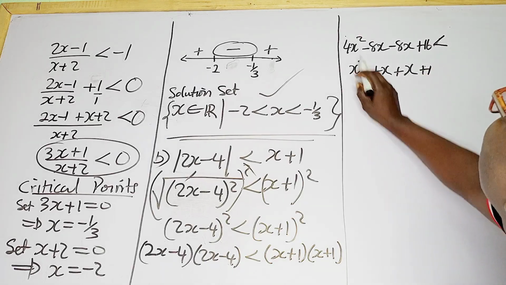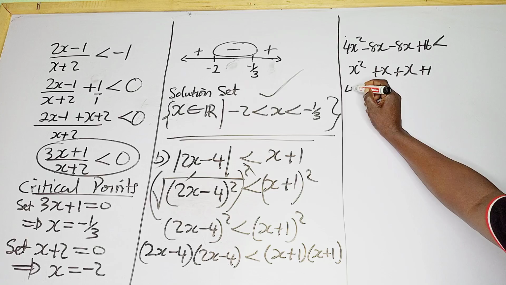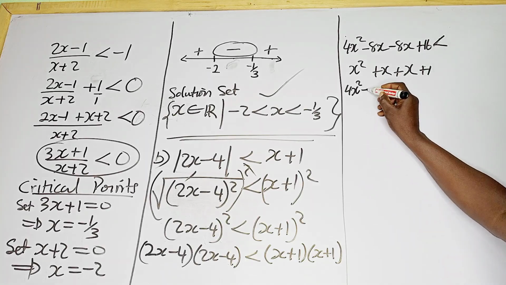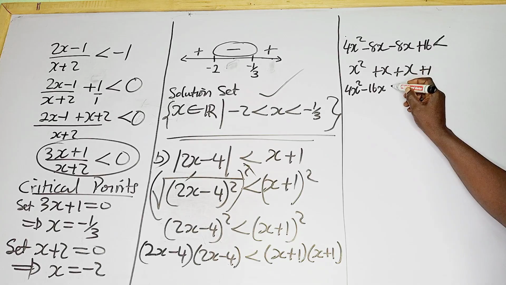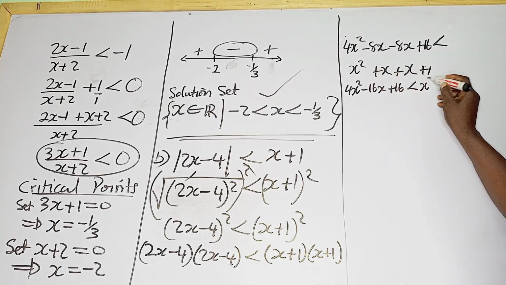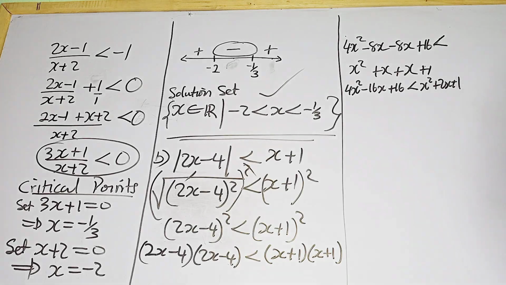Okay, so we have 4x squared, and minus 8x minus 8x is minus 16x. So we have 4x squared minus 16x plus 16 less than x squared, x plus x is 2x, plus 1. This is what we have.